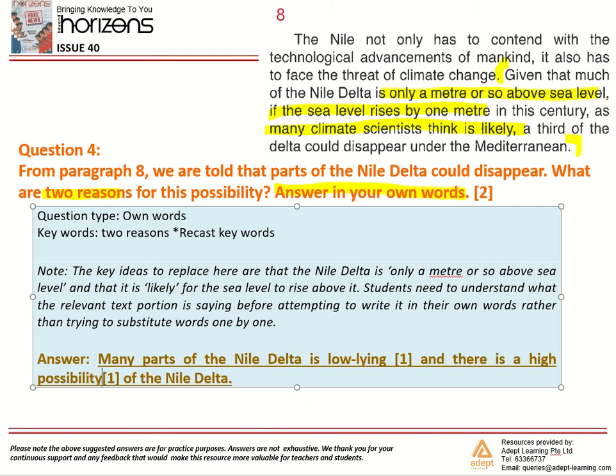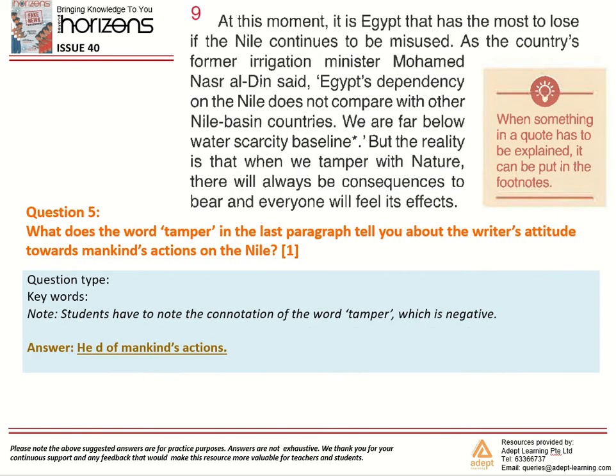Another word can be a great likely chance of the Nile Delta River rising above the sea level. So that is your answer for the own words question. Remember, you need to recast.